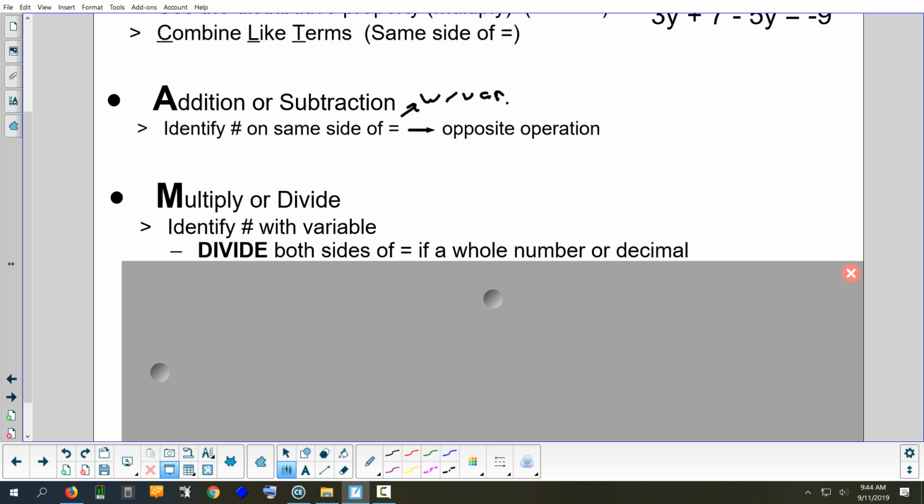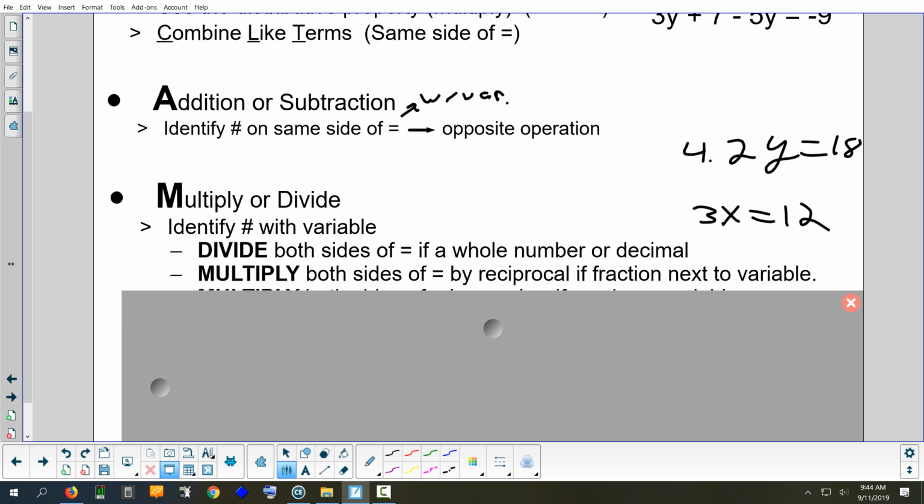Right? So if you got something like this, that's a whole number attached to the variable. Okay? If you had a decimal, that'd be something like this. 4.2y equals 18. You would divide by 4.2. Okay, you need a calculator. But the point is you'd still divide.